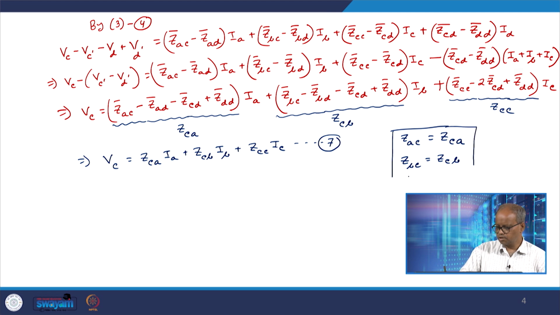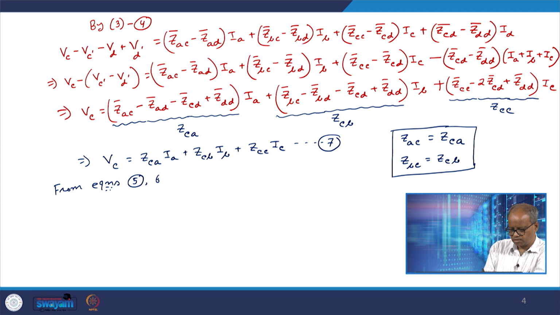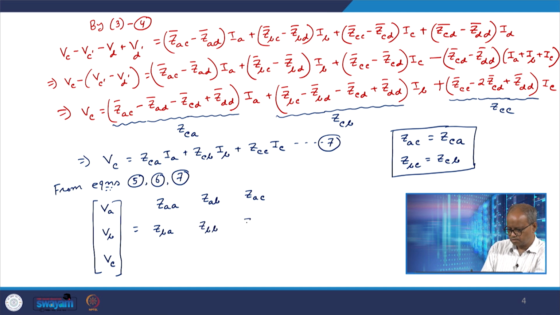Now if I write equation number 5, 6 and 7 together, from equations 5, 6, 7, I can write down that VA, VB, VC is equal to the matrix ZAA, ZAB, ZAC, ZBA, ZBB, ZBC, ZCA, ZCB, ZCC, times IA, IB, IC.